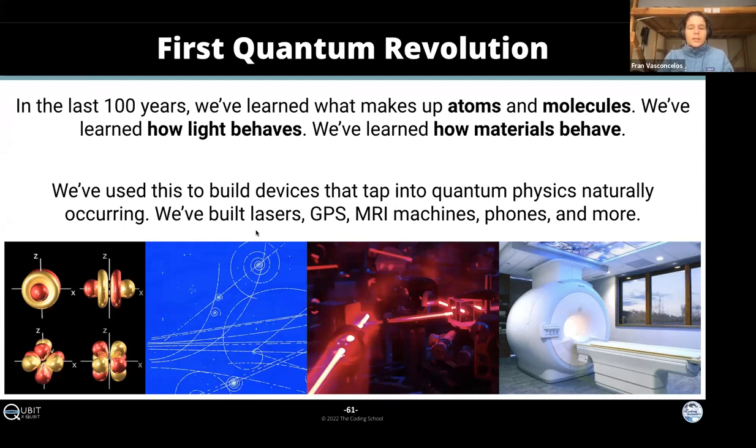For example, lasers, GPS, MRI machines, and even our phones, which are used very commonly day to day. All of these devices require an understanding of physics at the micro scale, and leverage some quantum phenomena in order to do the really cool things they do. So quantum mechanics is probably integrated in your day-to-day life in ways that you don't even realize.